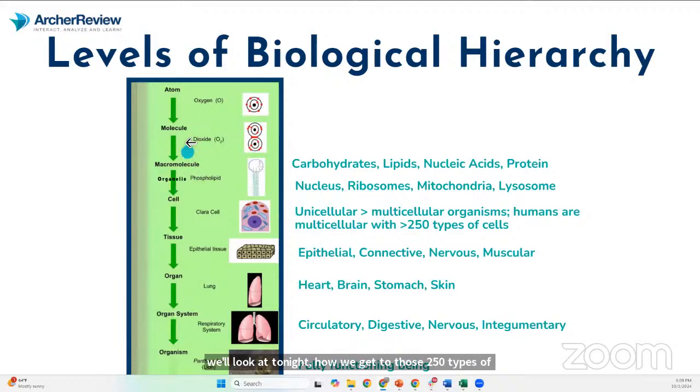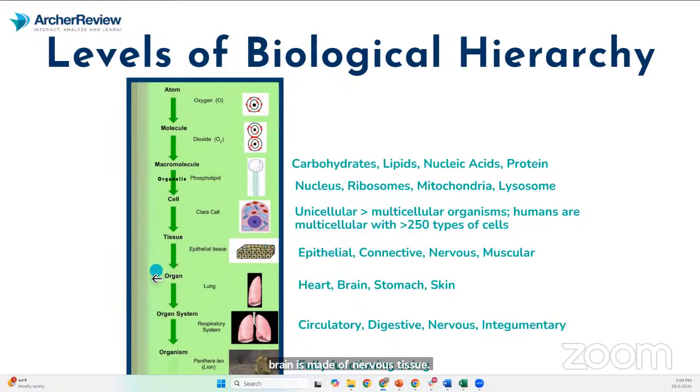So when we continue thinking along our small to large level of biological hierarchy, cells will work together then to form tissues, like epithelial tissue, connective tissue, and so on. And then similarly functioning tissues will work together to form our organs. Like our heart is made of cardiac muscle tissue, our brain is made of nervous tissue.